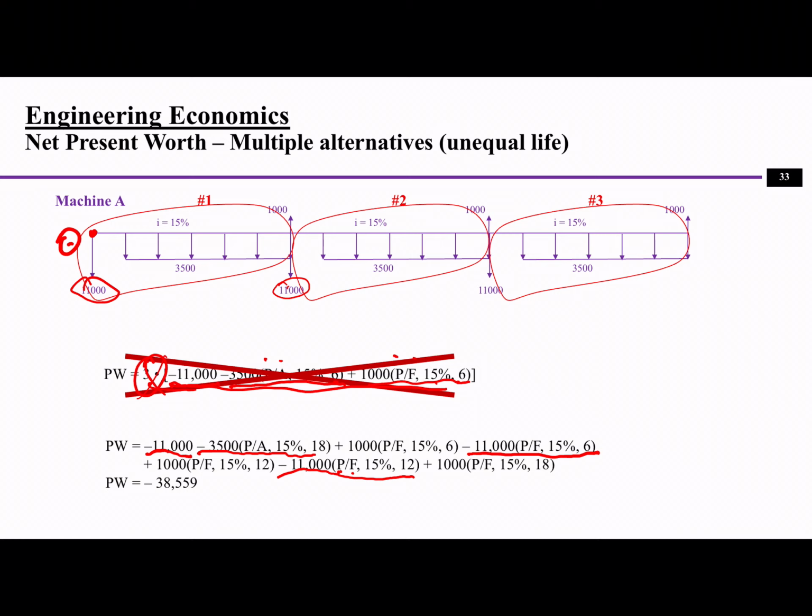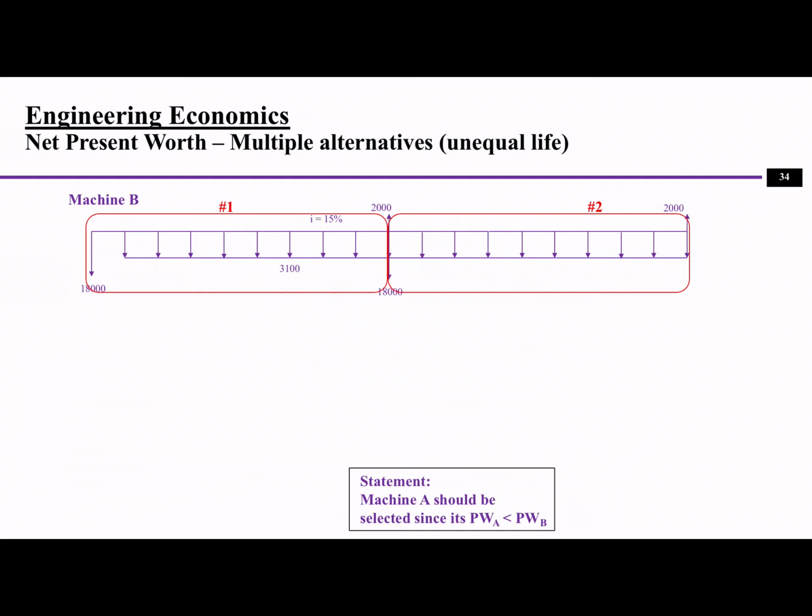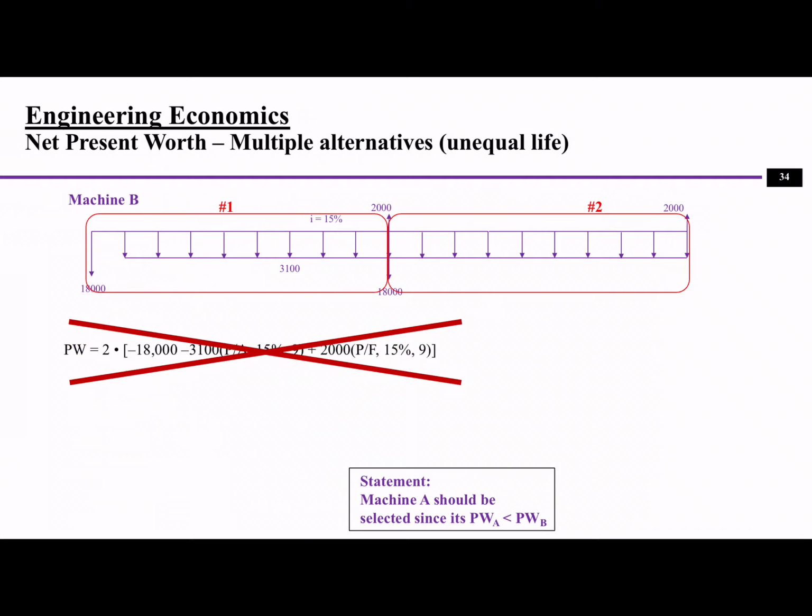Then the 35,000 will be the same, going through all 18 periods, that's why we use 18 periods of time. Then the first $1,000, second $1,000, and third $1,000 are converted at different time periods. Then we get the present value to be 38,559. So this is the right way of calculation.